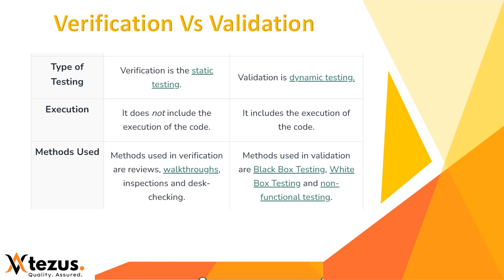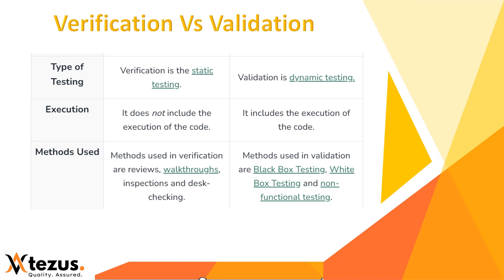When it comes to validation, it includes the execution of the code. So once the development is done, your code will be executed to test and validate the functionality which is given by the client. The methods used in verification are reviews, walkthroughs, inspections, and desk checking.